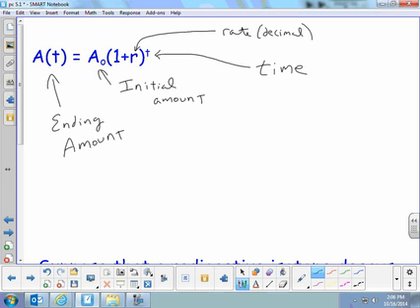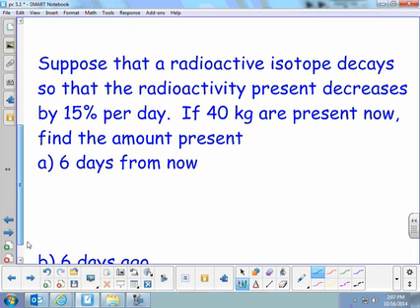So let's go ahead and work out our first problem. Suppose that a radioactive isotope decays so that the radioactivity present decreases by 15% per day. So I'm already thinking that r is 0.15.